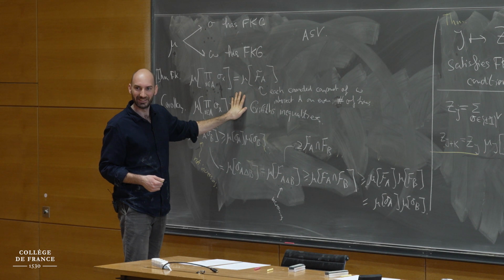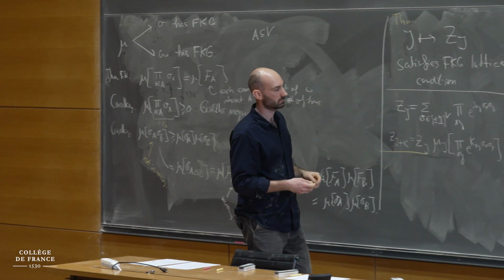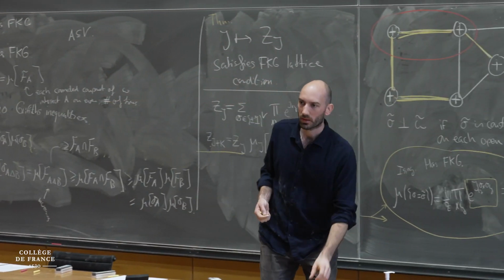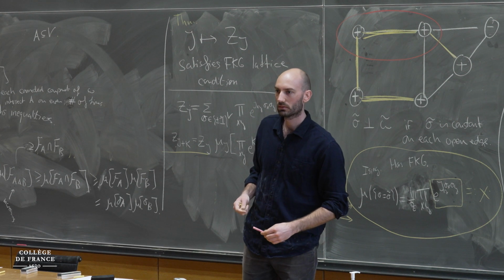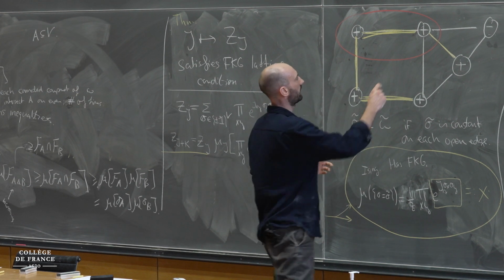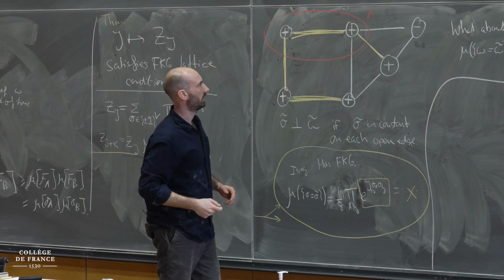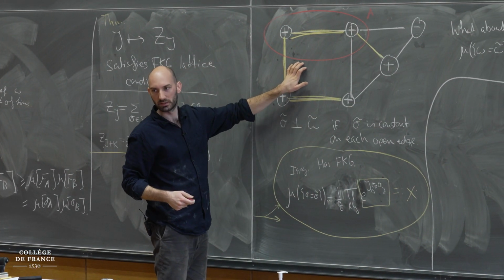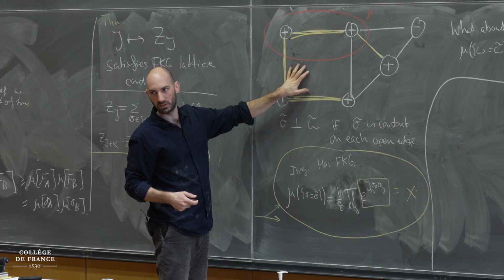Maybe I don't understand what you mean by intersecting an even number. But it sounds like your even number condition just implies that all the spins have to align inside A. Yes. So let me just try to define it. Suppose, for example, this is the set A. Then this is a realization of F_A.